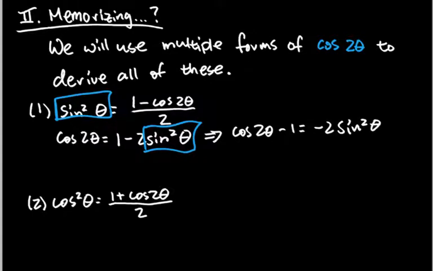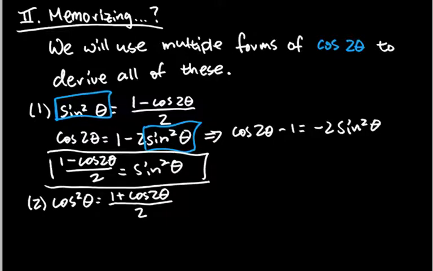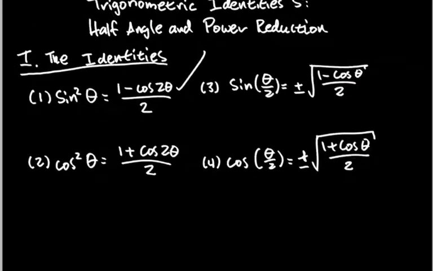Let's divide both sides by negative 2. So that's going to switch the signs as well. So if we do that, we get (1 minus cosine of 2 theta) divided by 2 equals sine squared theta, which actually is the identity that we are looking for. So first power reduction, done.